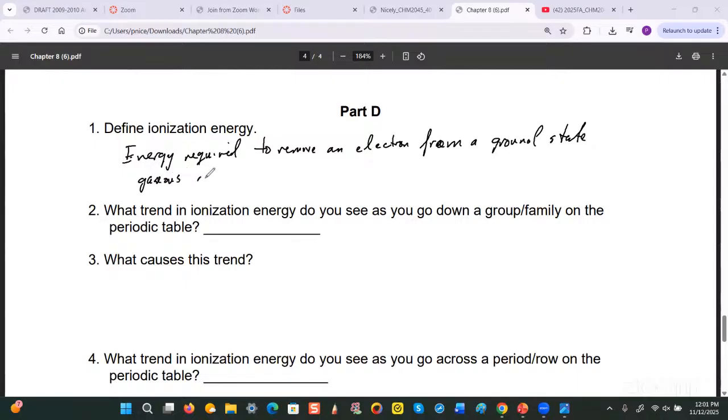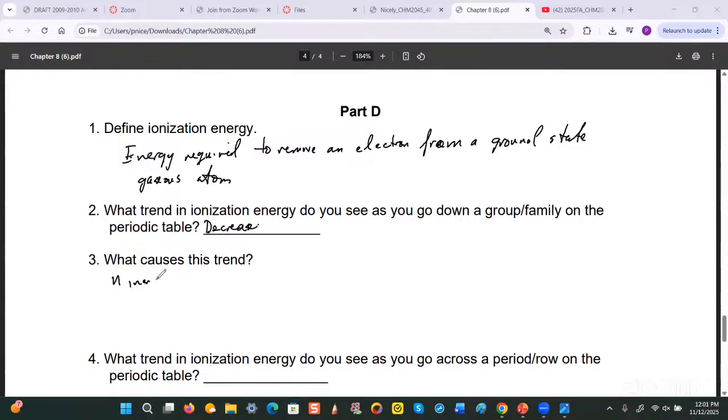The next question is asking, what trend in the ionization energy do you see as you go down a group or family on the periodic table? And the answer is decreases. And the question that is asked next is, what causes this trend? So what happens as you go down from one element to the next down a group? It's because the N increases, and so the valence electron is farther from the nucleus.